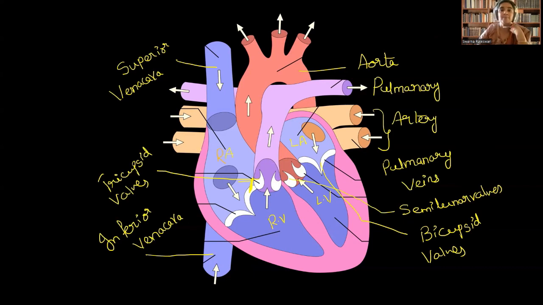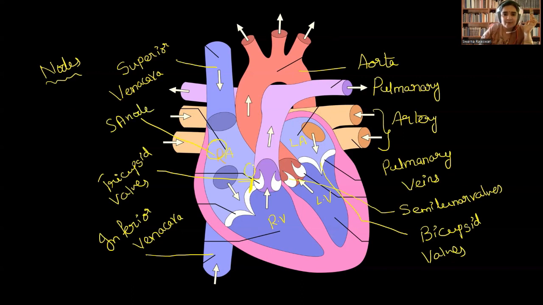And even we have discussed the nodes which are present in our heart, which are a patch of muscular tissue present in the wall of the heart. There is the SA node, which is present in the right upper corner of the right atrium.